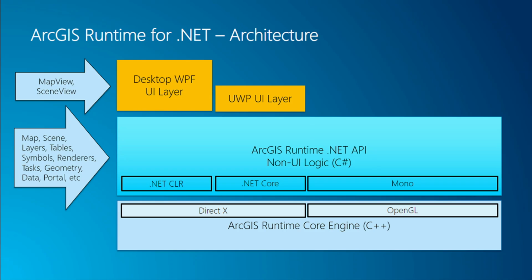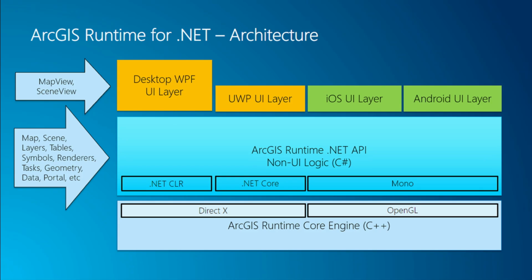So where does Xamarin fit into this? At the common .NET level, we're relying on Mono for all our .NET classes. Then we get up to the UI platform-specific layer, and we have map view and scene view specific to iOS and specific to Android. iOS inherits from UI view, Android inherits from view group.